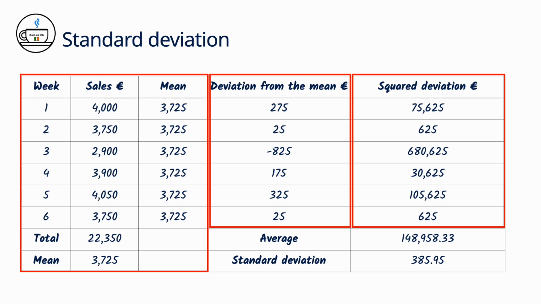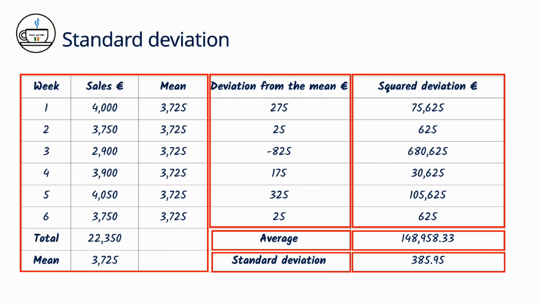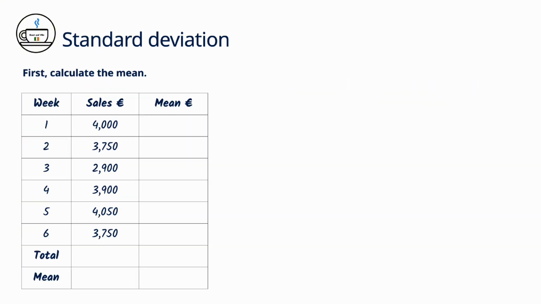Once we have squared all deviations, we sum them and divide by the number of data points to find the variance. The variance gives a sense of total variability, but because it's expressed in squared units, we take the square root to return to the original units, producing the standard deviation. Let's go through each process step by step.